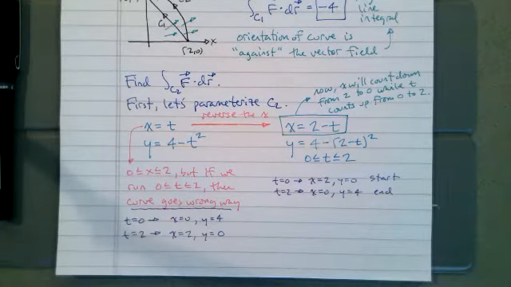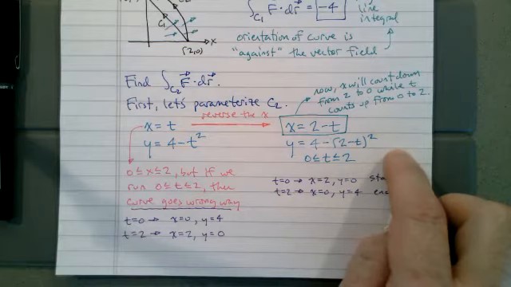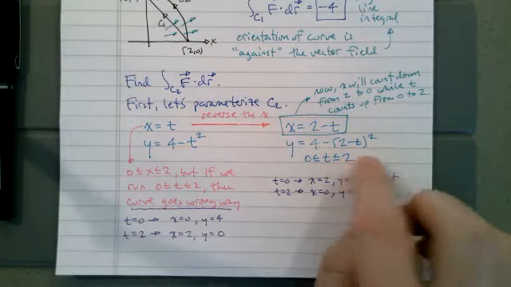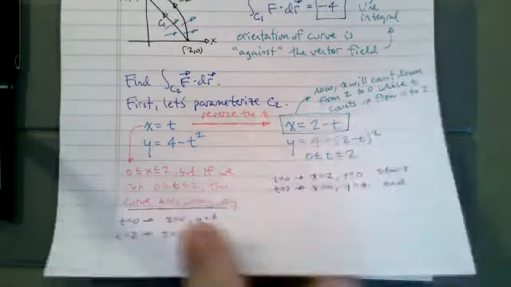So now that we have a parameterization for C2, we can start building the line integral.